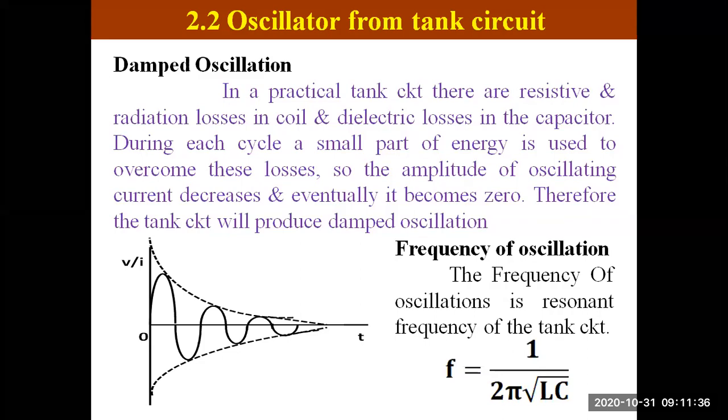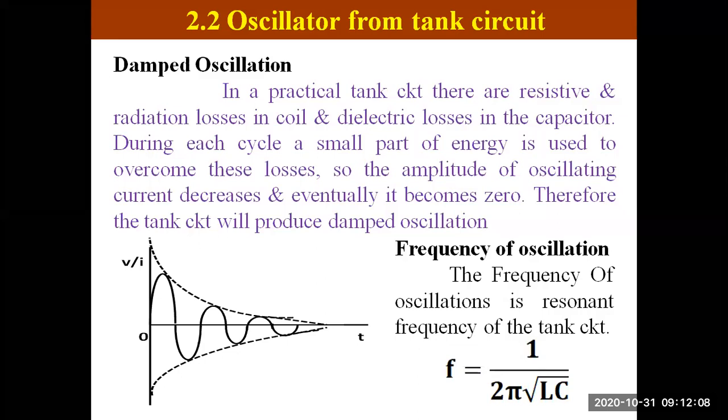So during each cycle of this oscillation, a small part of the energy is used to overcome these losses, so that the amplitude of this oscillation decreases continuously, and after a certain time it becomes zero. Therefore we say that this tank circuit produces a damped oscillation, that means a decrease in amplitude of oscillation.